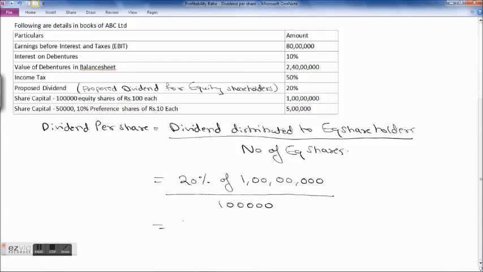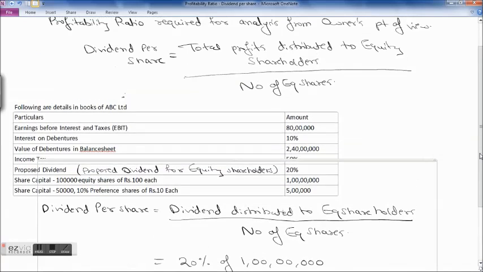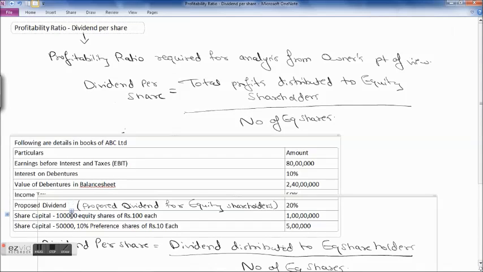So 20% of 1 crore is nothing but 20 lakhs. Divide by 1 lakh, and that gives you 20. So dividend per share is rupees 20. This is how you calculate the dividend per share. Okay, thank you.